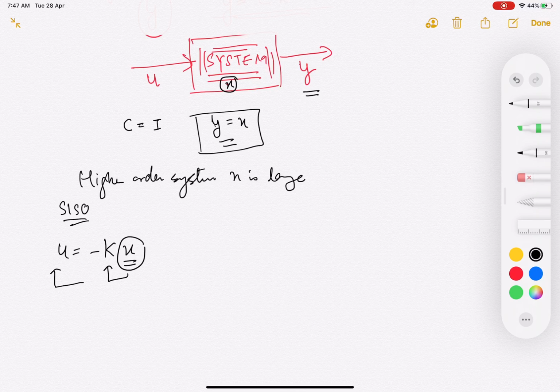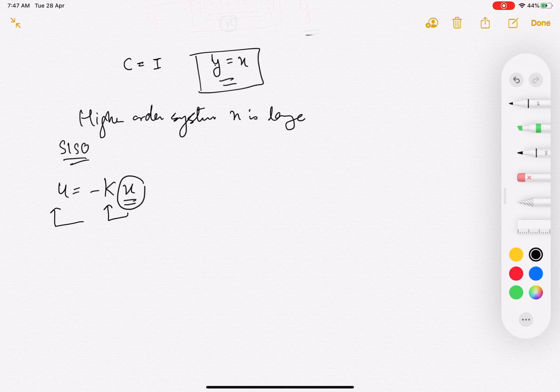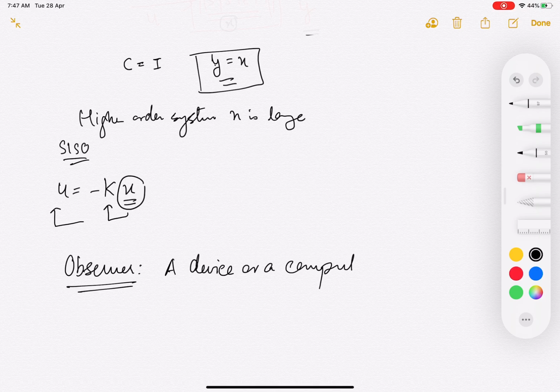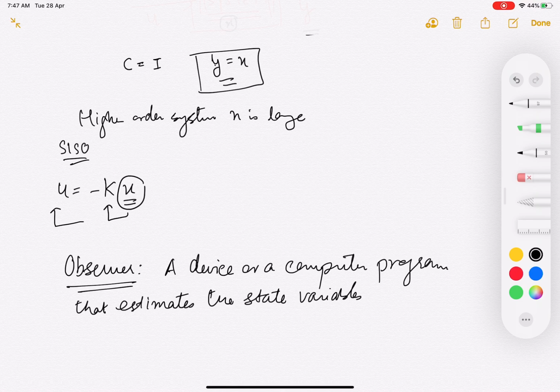So the solution is to design an estimator or an observer. So what is an observer? What is the definition of an observer? An observer is a device or a computer program that estimates the state variables of the plant.